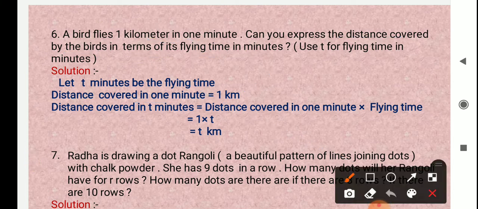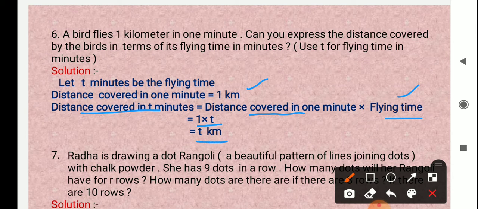So distance covered in T minutes is equal to distance covered in 1 minute multiplied by flying time. Here distance covered in 1 minute is 1 kilometer and flying time it's given T minutes. So here we multiply 1 by T, we get T kilometer.